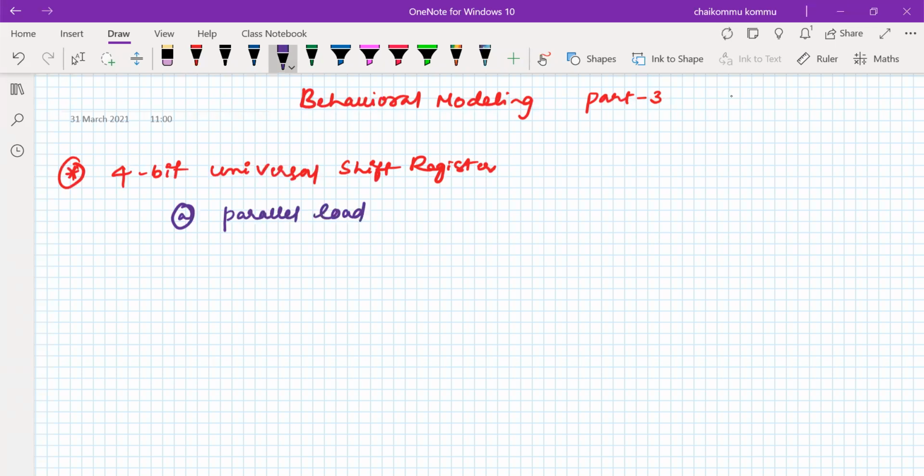Next, it has to do shift left operation, shift right operation, and holding operation.